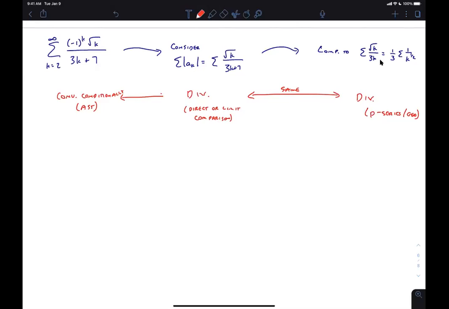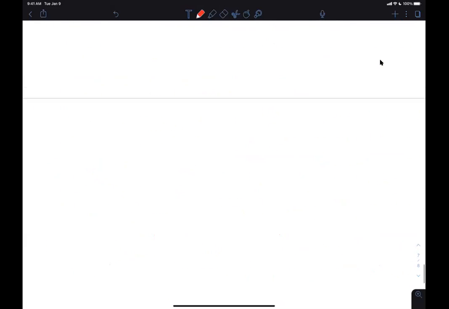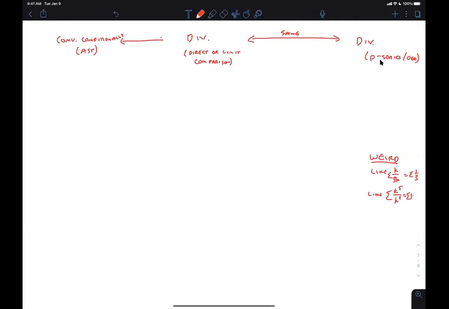And so if it's weird, like instead of 1 over k to the 1/2, you get k over 3k, which is 1/3, or like k to the 5th over k squared, which is k to the 3rd, then this should be the k-th term test. And if that happens, the whole thing diverges.